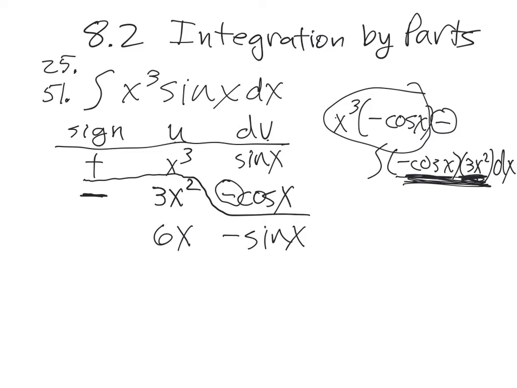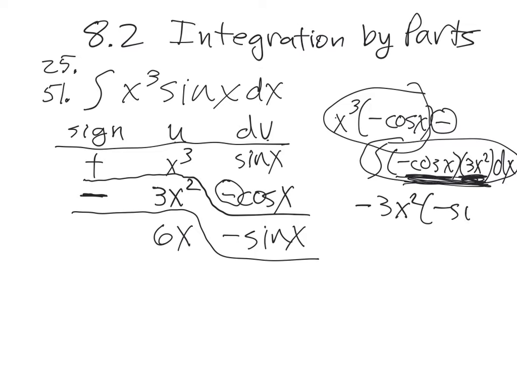and then our next term, had we done this the long way, our next term would be this. So we'd have minus 3x squared times negative sine x. We have that as our first term, this is our next term, and then go again.